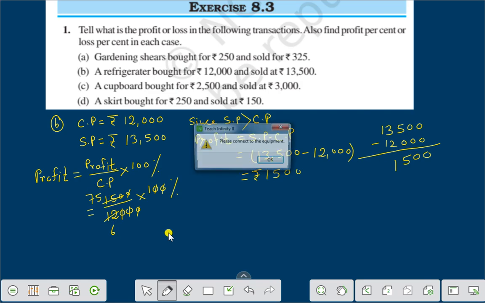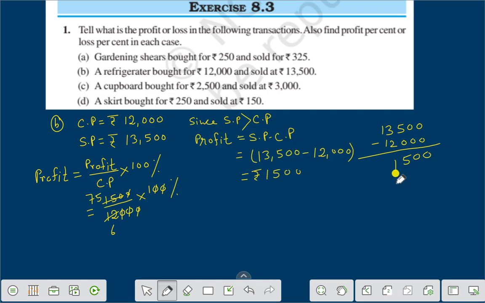Now you divide 75 by 6. 6 1 is 6, 7 minus 6 is 1. 15. 2 6 is 12, 5 minus 2 is 3.